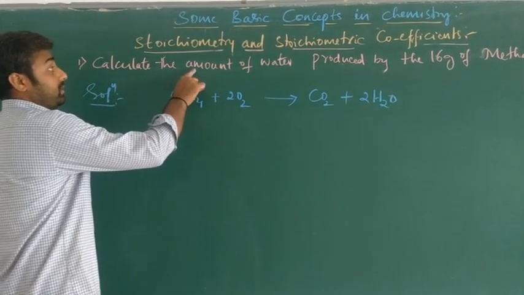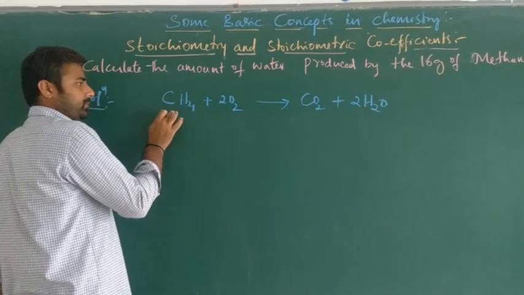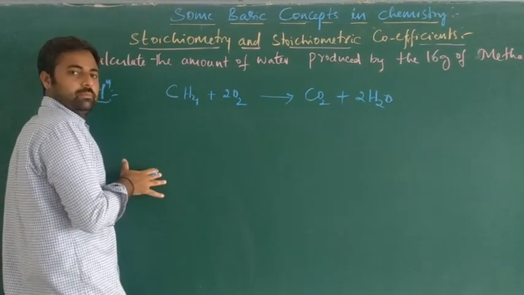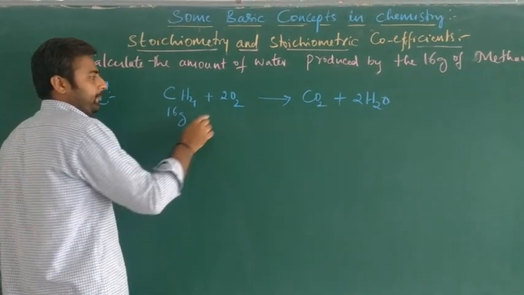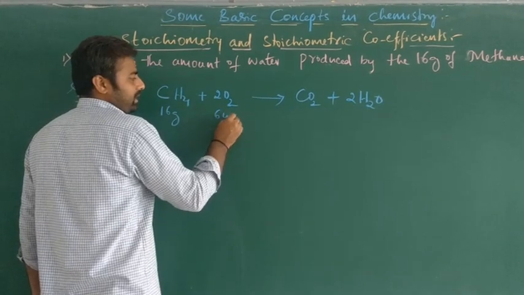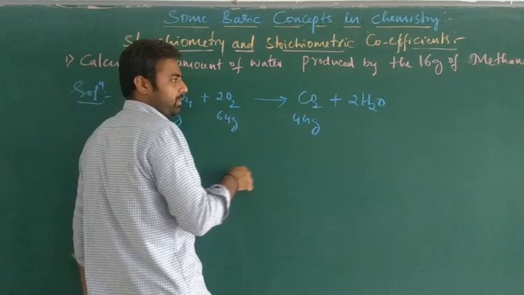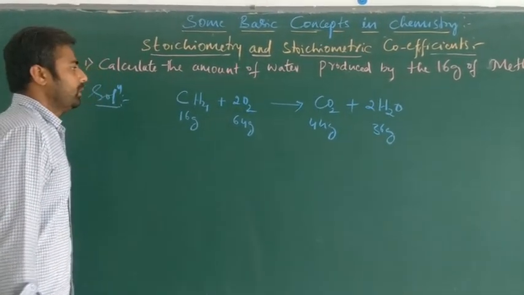What they have asked, amount of water produced by 16 gram of methane. We know that this equation can be explained in the form of mass. 16 gram of methane is treated with the 64 grams of oxygen, which produces 44 grams of carbon dioxide and 36 grams of water, right?